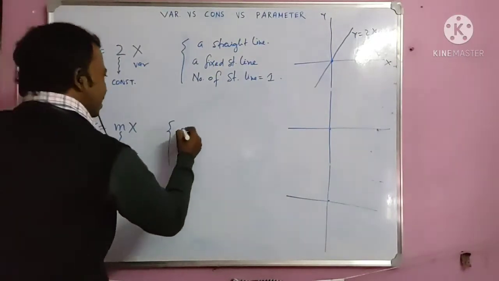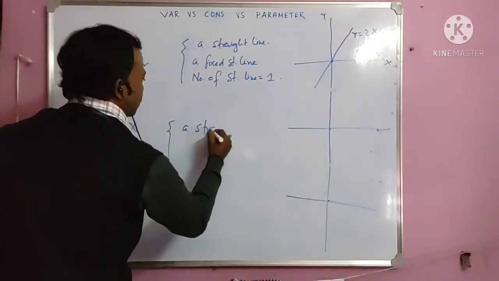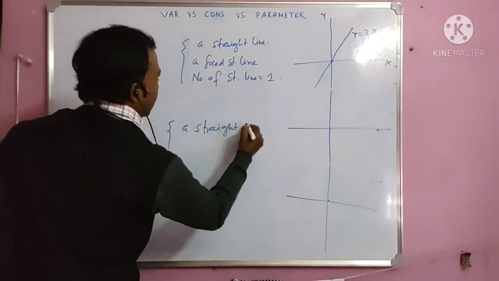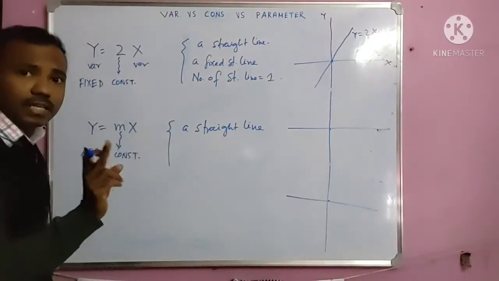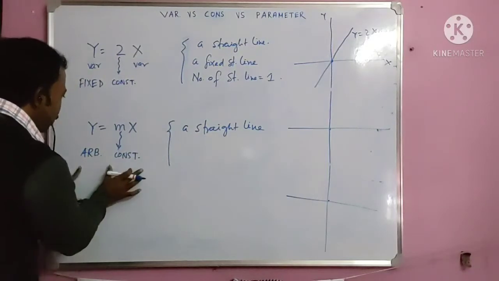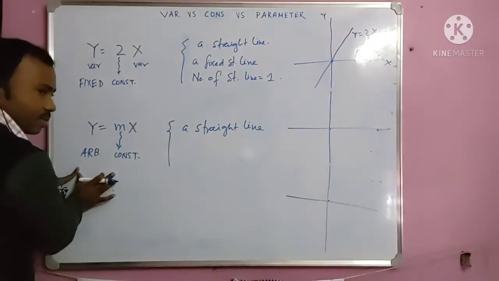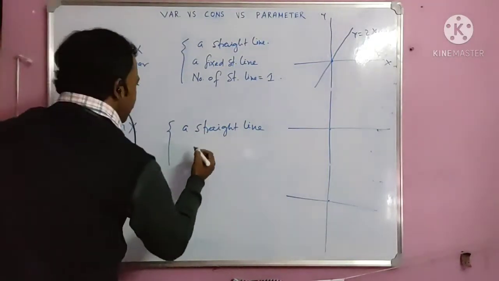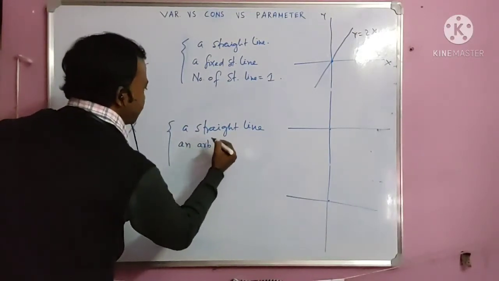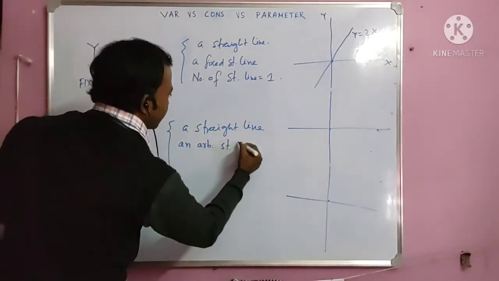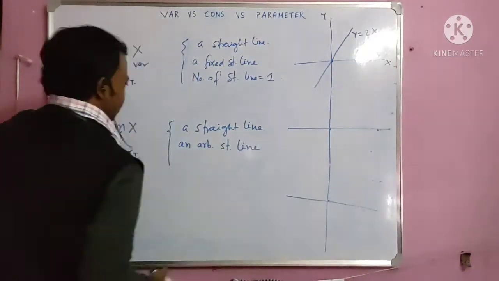This gives you again a straight line. And this straight line is not going to give you a fixed straight line because you are making this constant arbitrary. So you will get an arbitrary straight line.